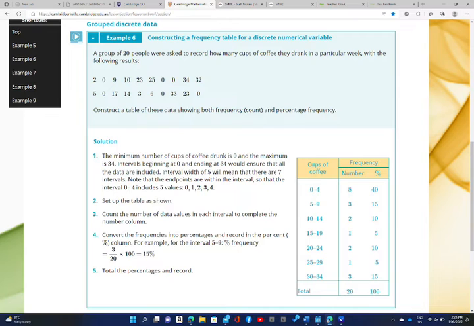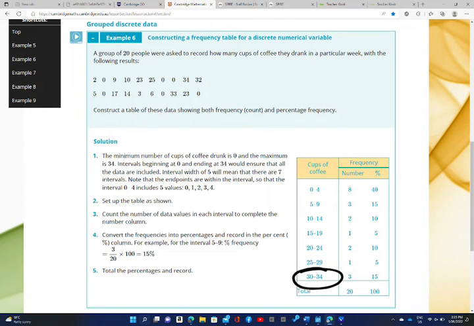Remember, be careful, that's 5 numbers, right? 0, 1, 2, 3, 4. Then 5 through 9, etc. Okay? And make sure that you go far enough that you get the maximum value on your chart. You don't have to go any further.